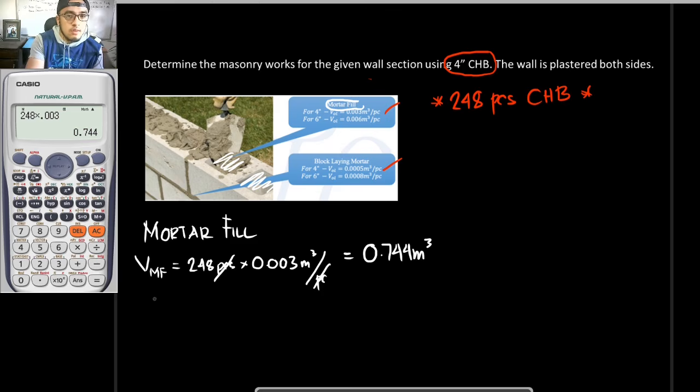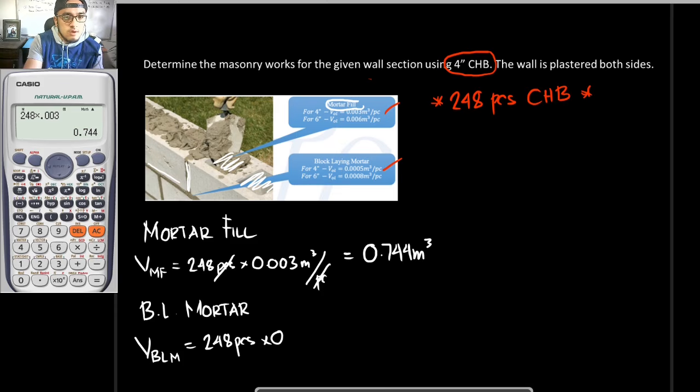And as for the block laying mortar, so para dito sa lines na to, pandikit natin. So block laying mortar, let's say VBLM, is to be 248 pieces times 0.0005, yung factor natin dito, no?